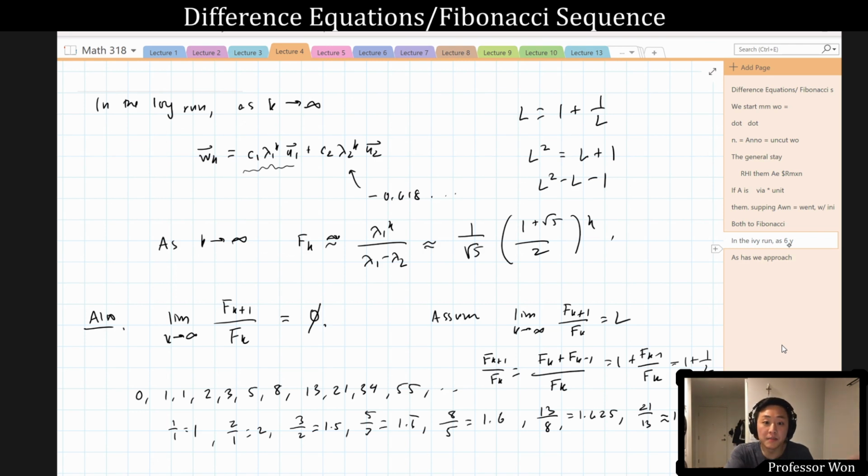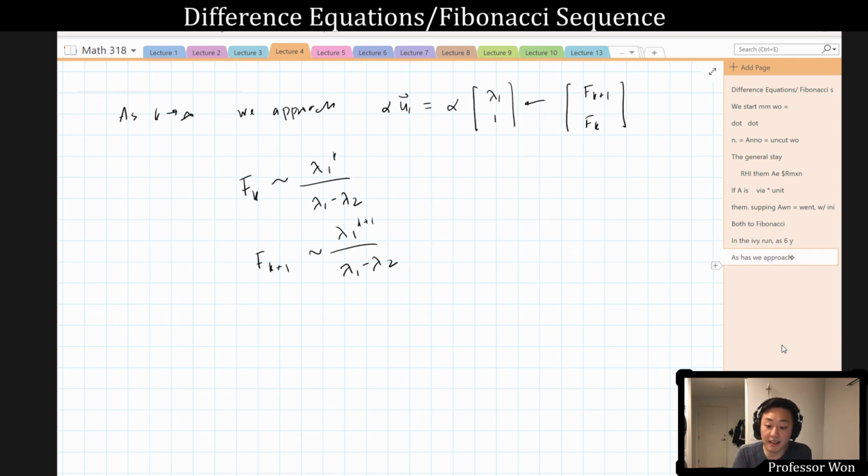The other way to see it, from a linear algebra point of view, is that the long-term behavior is governed by the eigenvector associated to the largest eigenvalue. And the eigenvector associated to the largest eigenvalue is basically lambda 1 over 1. In other words, the first component should be roughly lambda 1 times as big as the second component.